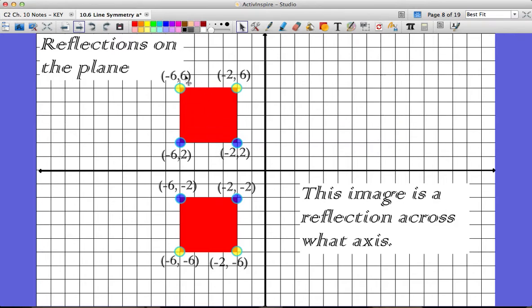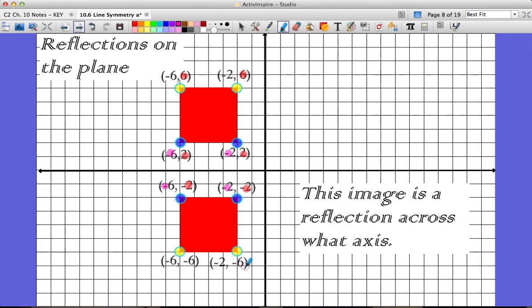What you should have noticed is that when you reflect over the x-axis, your y-coordinate is what changes, and it goes from being positive to being negative. So in this case, your positive 2 became a negative 2. But if you look at your x's, those stayed the same.